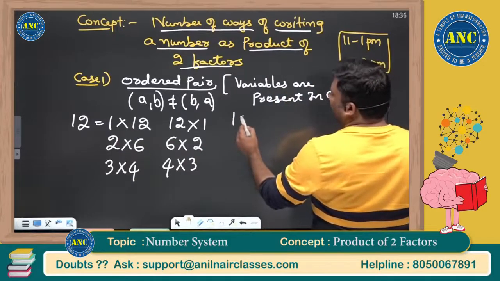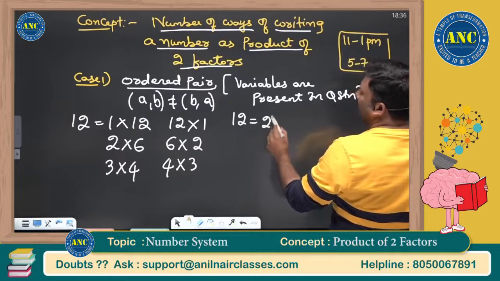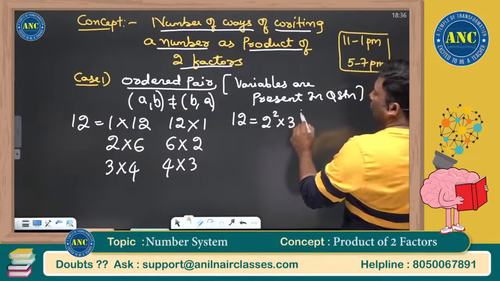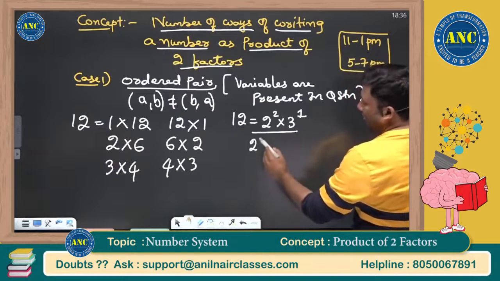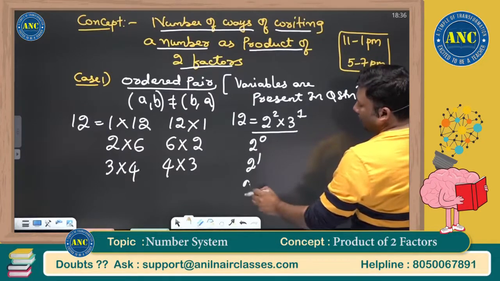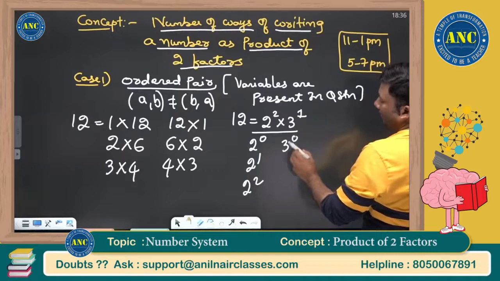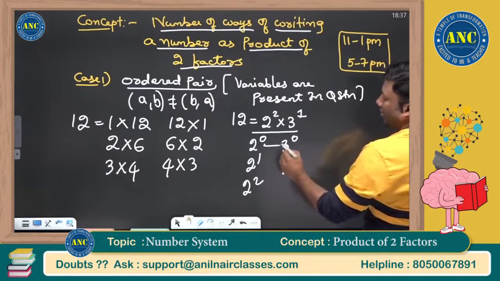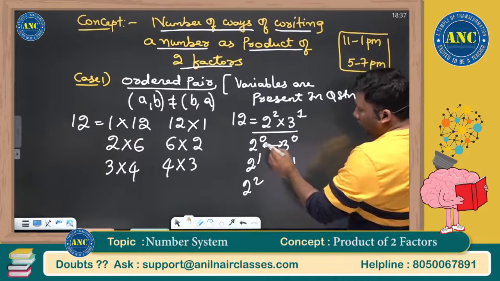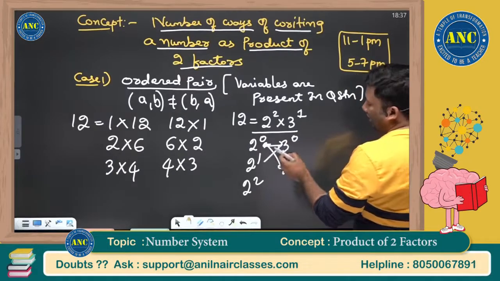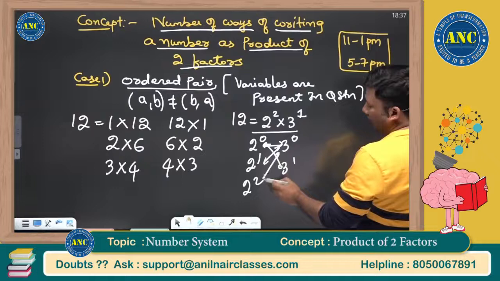12 can be written as a power of prime bases: 2 square into 3 power 1. How many factors are there for this number? 2 power 0, 2 power 1, 2 power 2; 3 power 0, 3 power 1. 2 power 0 into 3 power 0 is one factor, 1. 2 power 0 into 3 power 1 is another factor.